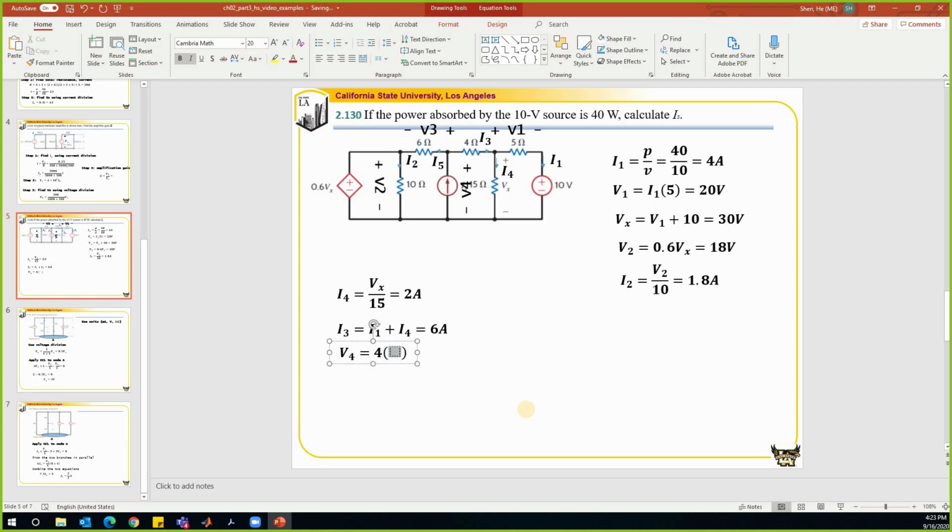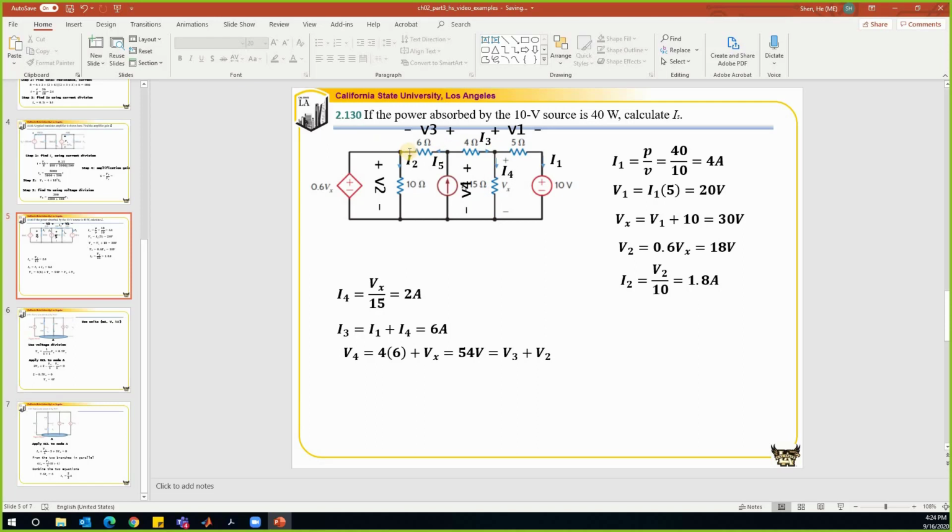I3 is equal to 6 amp, so I'm going to plug in the value directly, plus Vx. So Vx, that is 30. So 30 plus 24, that is 54 volts. And at the same time, V4 is equal to V3 plus V2. So this is from the definition, the voltage drop V4 is equal to the voltage drop here plus the voltage drop there.